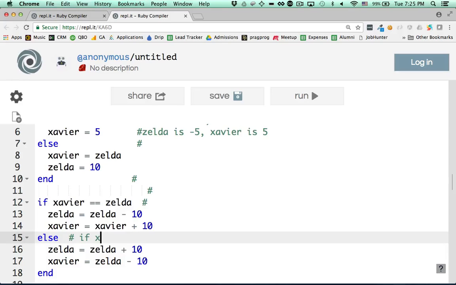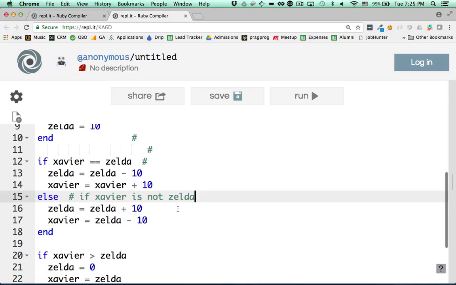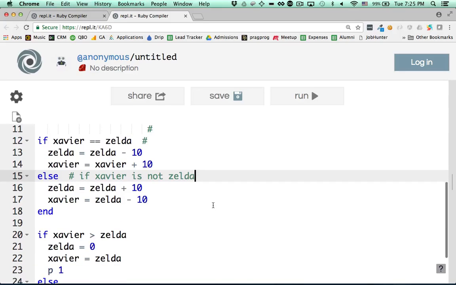I say, if Xavier is not Zelda. No one has ever done me that favor by putting that in their code, but I at least do that for others. Can the other developer figure it out without my comment? Yes, but they have to think a little bit. And if I can save them from thinking, then that's cool.